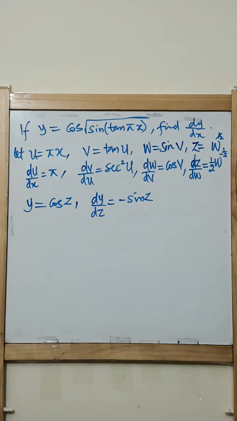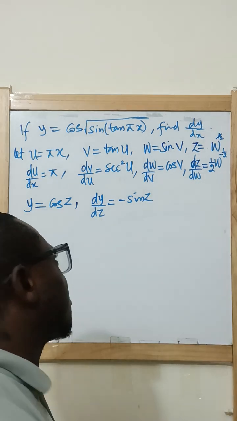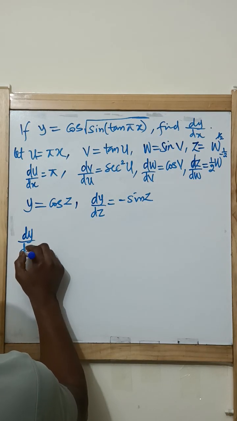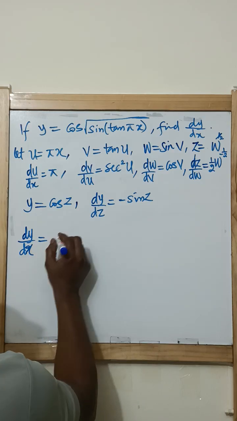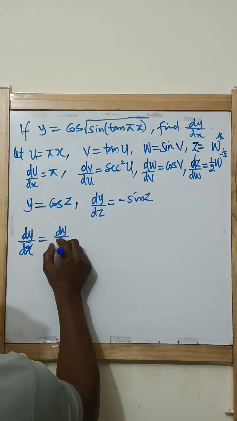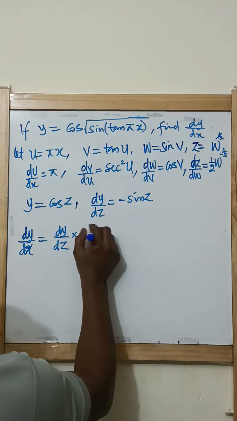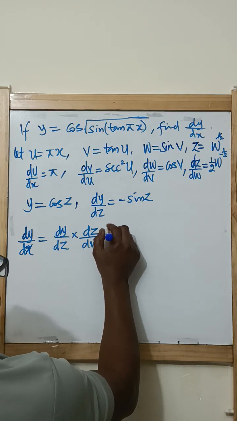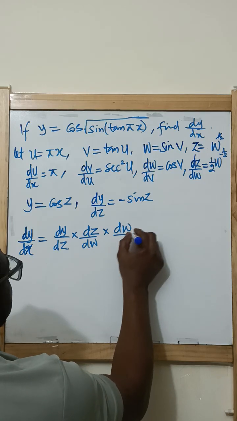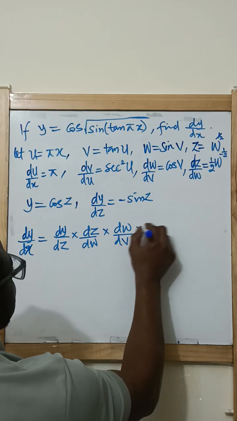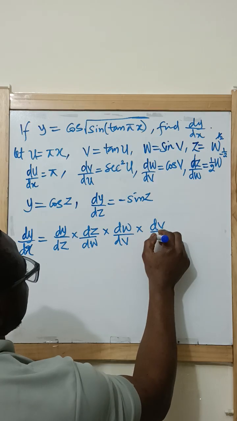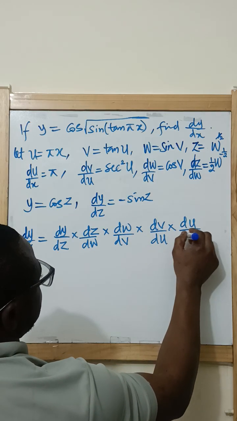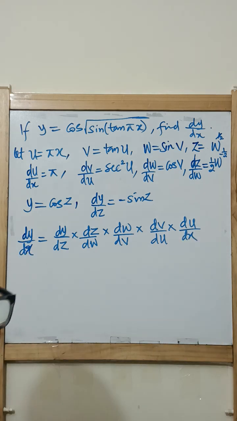Now that we have this, we will apply our chain rule. dy/dx is going to be dy/dz times dz/dw times dw/dv times dv/du times du/dx.